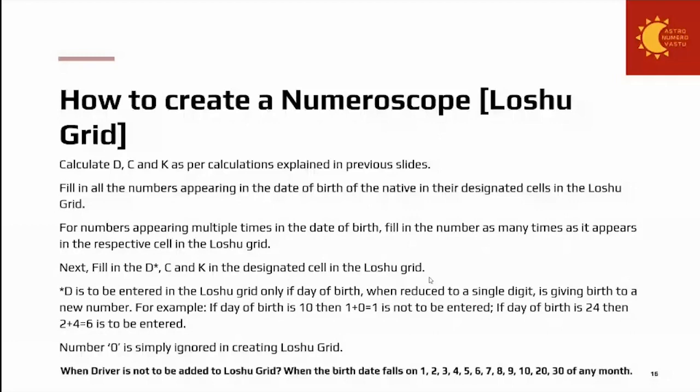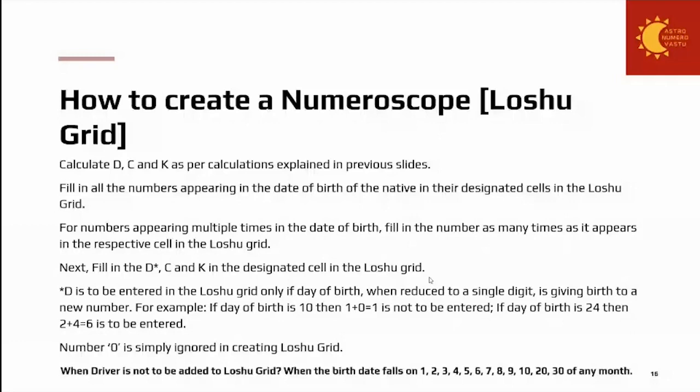This is the only exception that you have to be very careful about, because if you add the driver in these cases, it will give misleading predictions. Be careful, only this is the exception. For the rest, whatever numbers come in the date of birth, you simply add them to the Loshu grid. The conductor and KUA number also you simply place in the designated cells. Only for the driver, if the date of birth lies between 1 to 10, or is the 20th or 30th, then you don't need to add the driver.